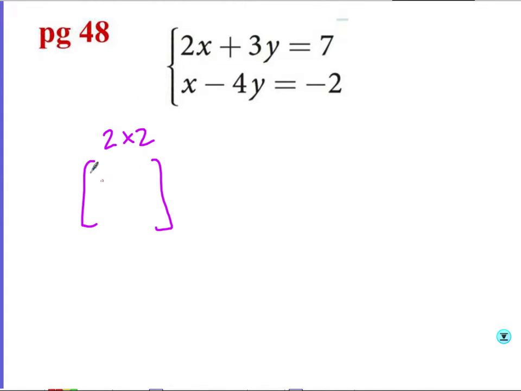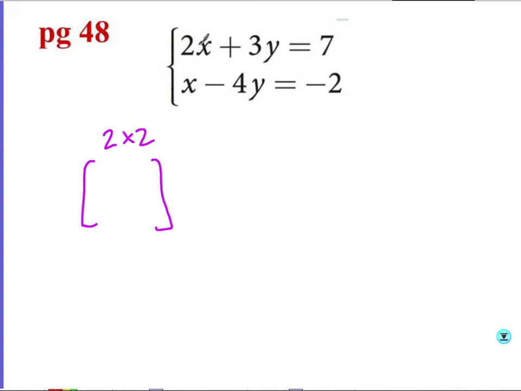And what I'm going to put inside this 2x2 matrix is going to be the coefficients. Now, you have to make sure that the variables x line up and the variables y also line up on top of each other. So that's very important.